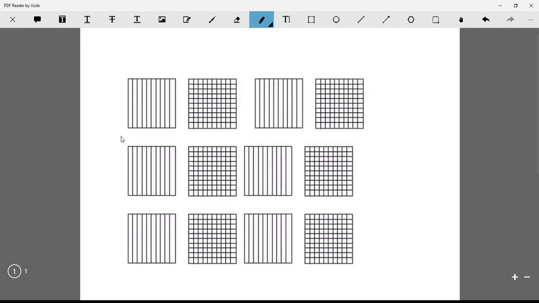So one way that they do it is they will shade a certain portion of the decimal grid. So right here, imagine this is filled in perfectly, okay? And then it'll say, what is the decimal that this would represent?